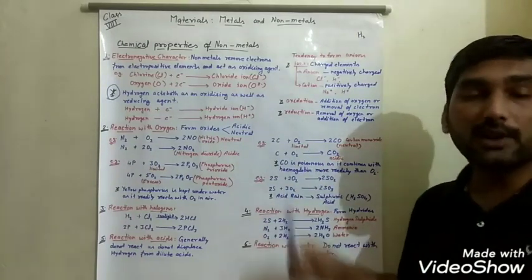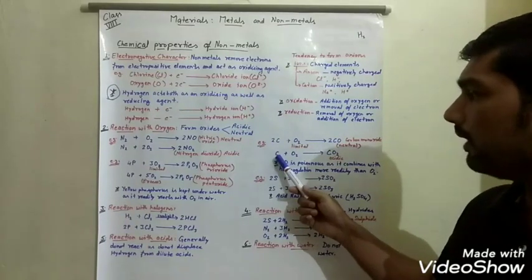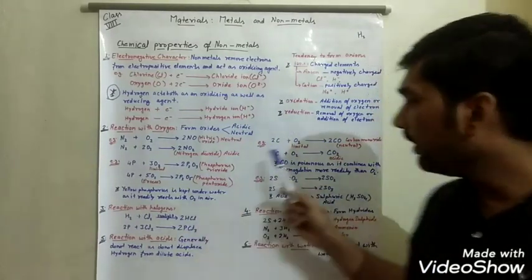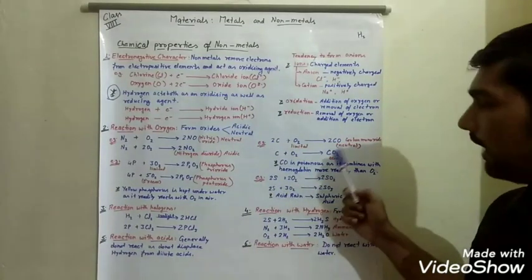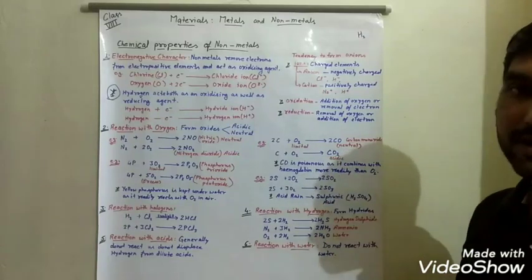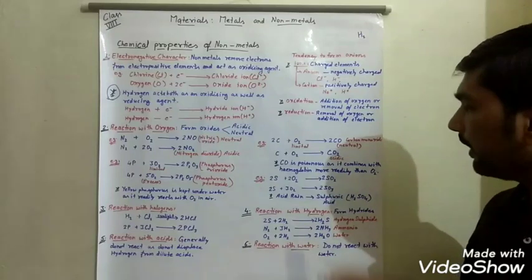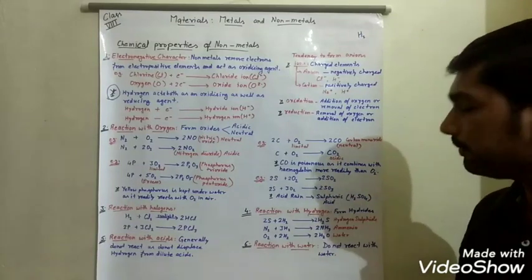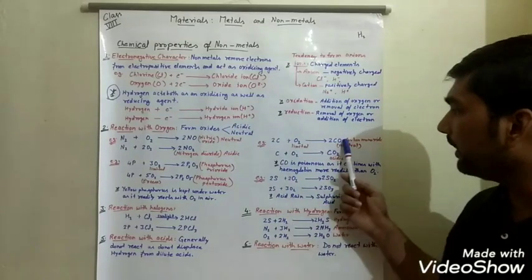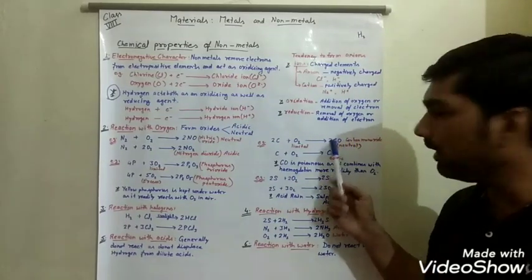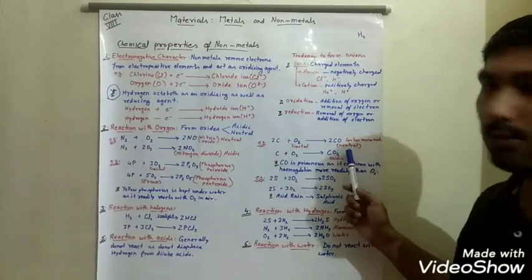You know, carbon monoxide is a very poisonous gas, and when carbon reacts with a sufficient amount of oxygen, it forms carbon dioxide gas, which is acidic in nature. So carbon monoxide is neutral in nature, but carbon dioxide is acidic in nature. CO means carbon monoxide. Mono means single, as the oxygen is single here, and di means two, as the oxygen has two atoms here.